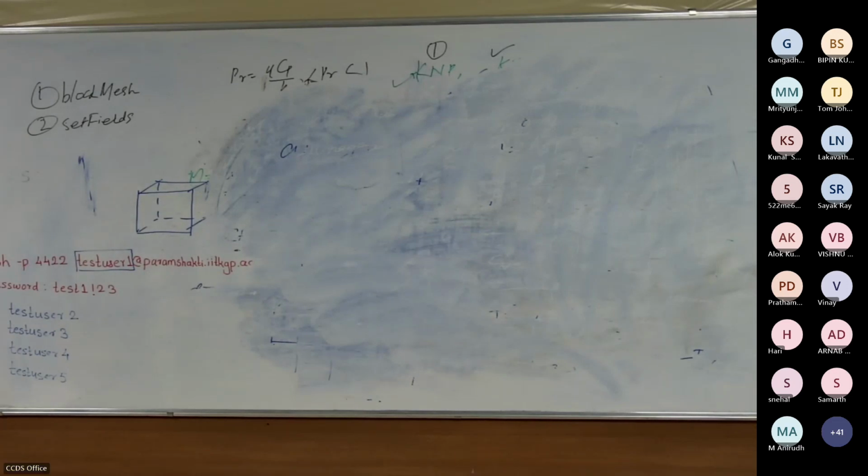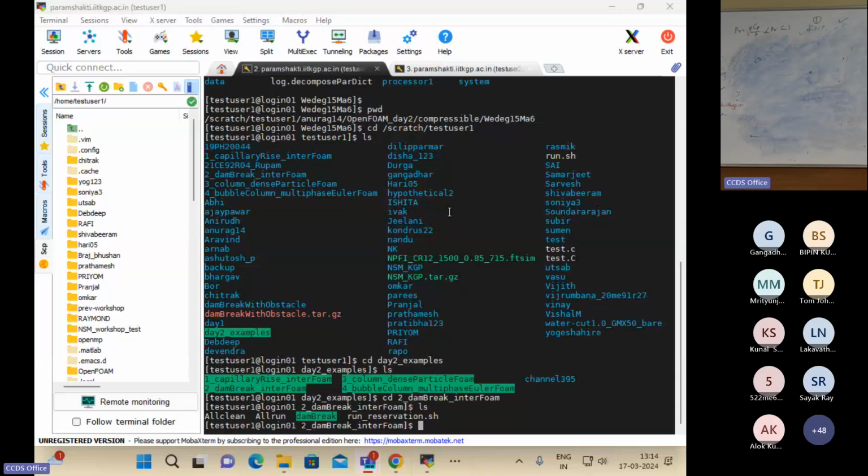In that folder, I'm going to first run the interFoam solver. Can you see the screen now?